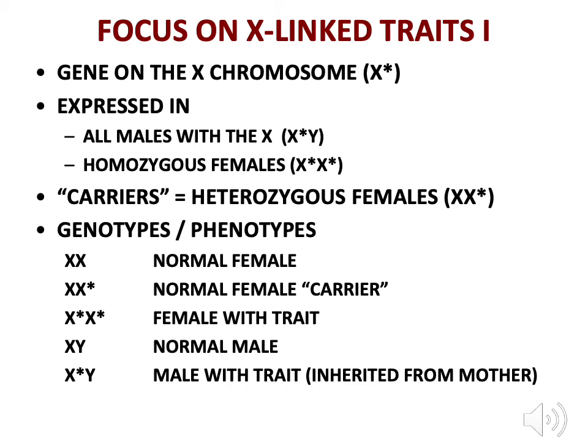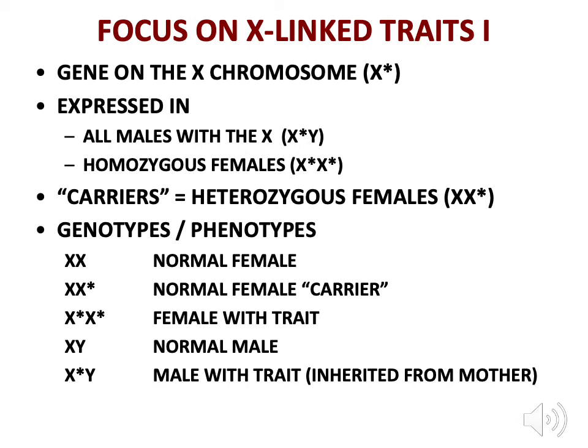Now, if you have an X asterisk and you're a male, it will be expressed, because there's no other X to mask that allele. So if you see the genotype X asterisk Y, the X asterisk is the only X chromosome there, and that asterisk allele will be expressed.